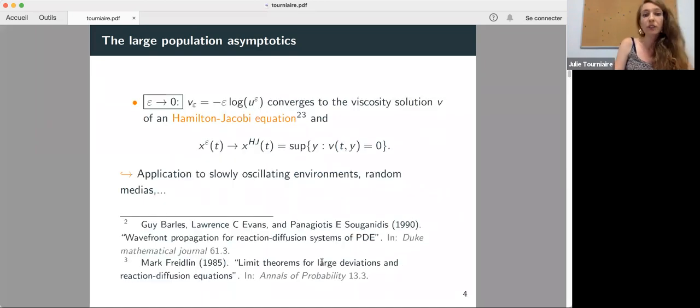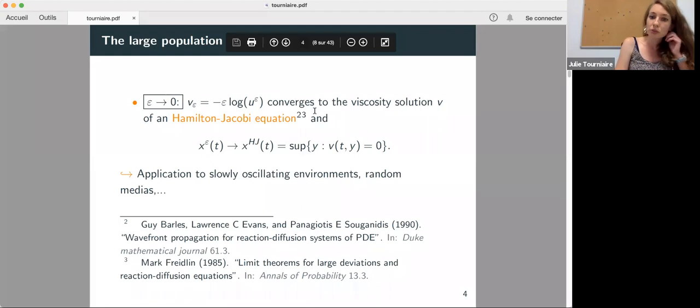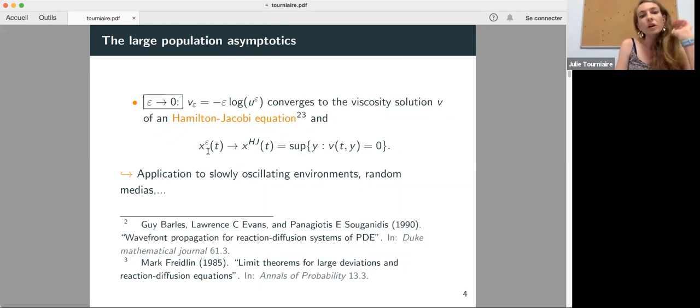As a result, the log density, V epsilon, converges to the viscosity solution V of a Hamilton-Jacobi equation. The position of the invasion front, x epsilon, also converges to a function that corresponds to the rightmost position where this log density is equal to 0.